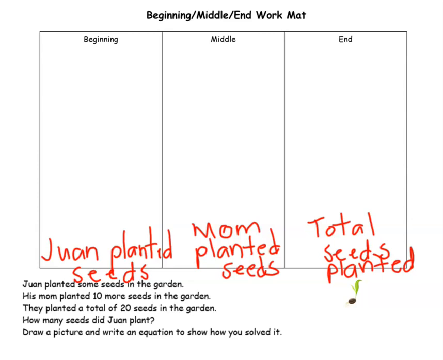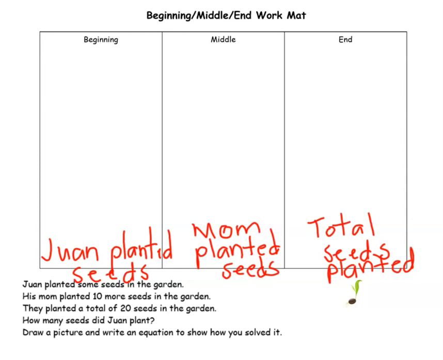So now let's read it with some numbers and see if we can figure out what's the beginning. Juan planted some seeds in the garden. So there are no numbers there. It doesn't tell us. It just said some. His mom planted 10 more seeds in the garden. So how many seeds did Mom plant? 10. They planted a total of 20 seeds in the garden.